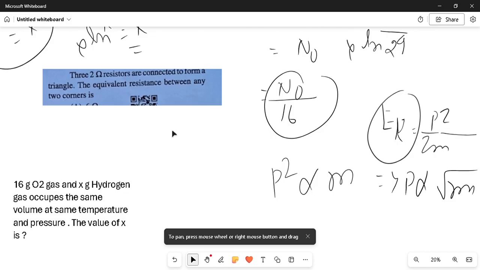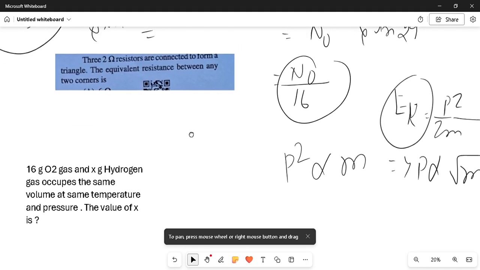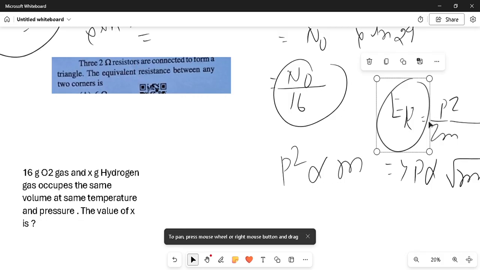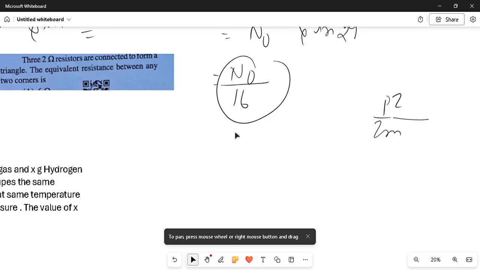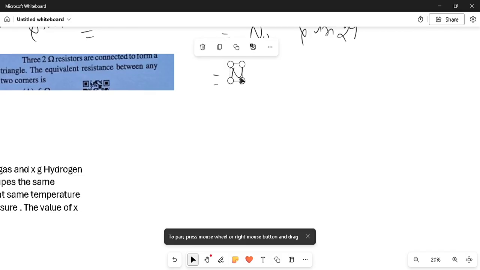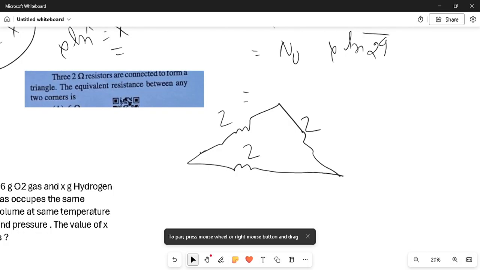So 3 2 ohm resistors are connected to form a triangle. Find the equivalent resistance between any two corners. This is 2, this is 2 and this is 2.